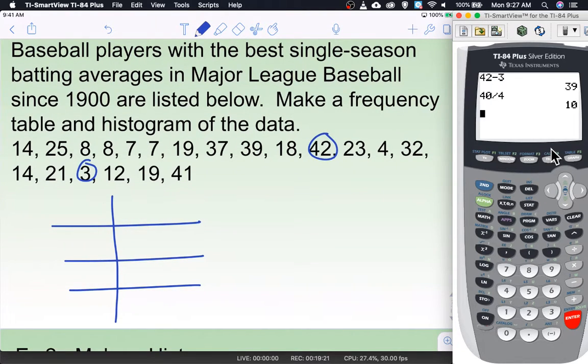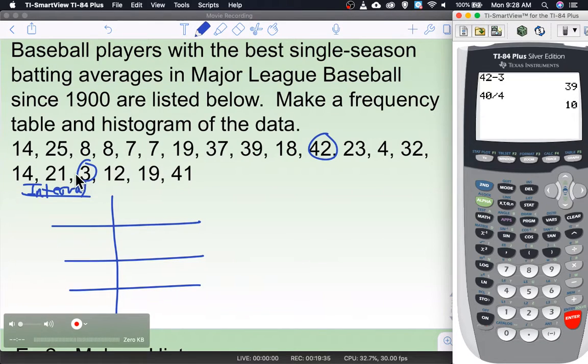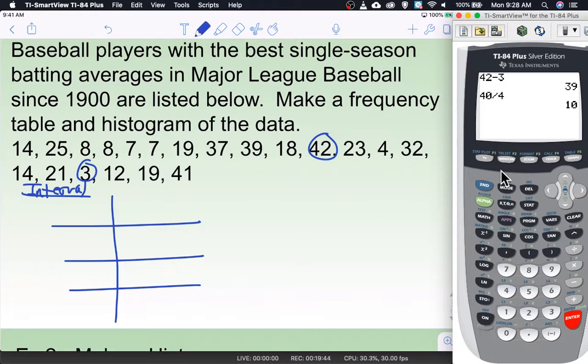And now the hardest part is making each interval the exact same size. So if I'm going to go up to here, should I start at, say, 3? Or should we start at 0? Decisions, problem solving. Okay.